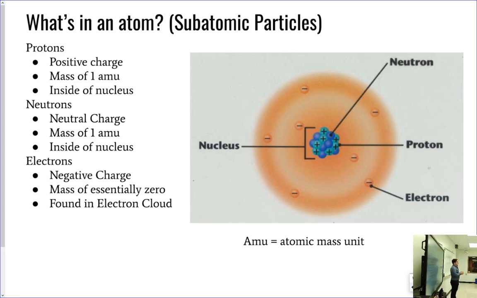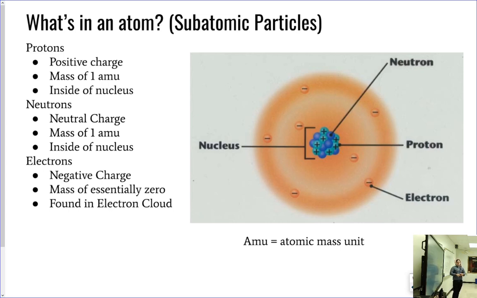Because of an extremely small number, to prevent us from doing really chaotic math and being lost a lot, we're just going to call it 1 AMU. And electrons are so much smaller than a proton that we just essentially call them 0. So for the sake of this class, we're going to call them 0.